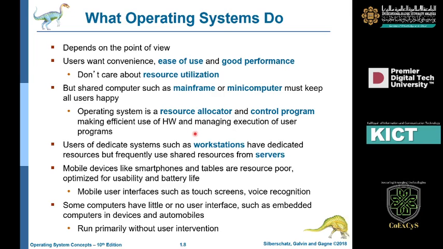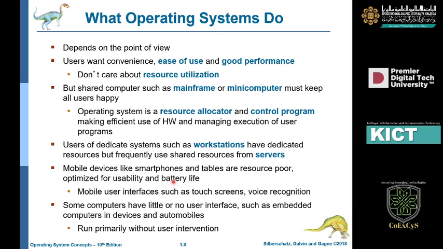Hardware could be CPU, memory, and so on. Users of a dedicated system such as a workstation, for example, have dedicated resources. So it really depends on what the computer is designed for.